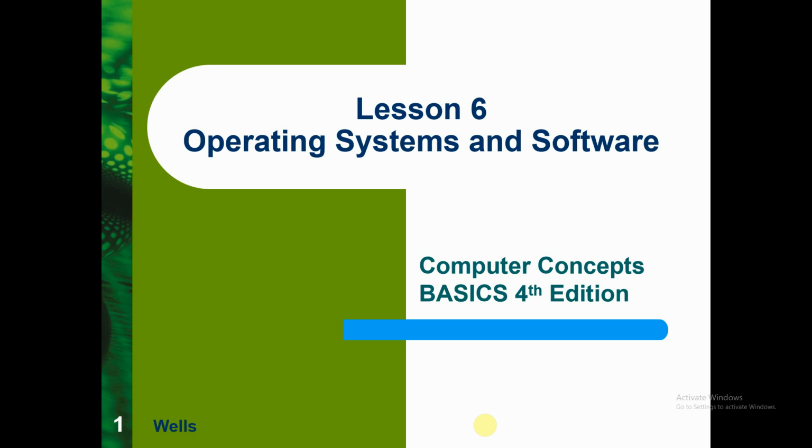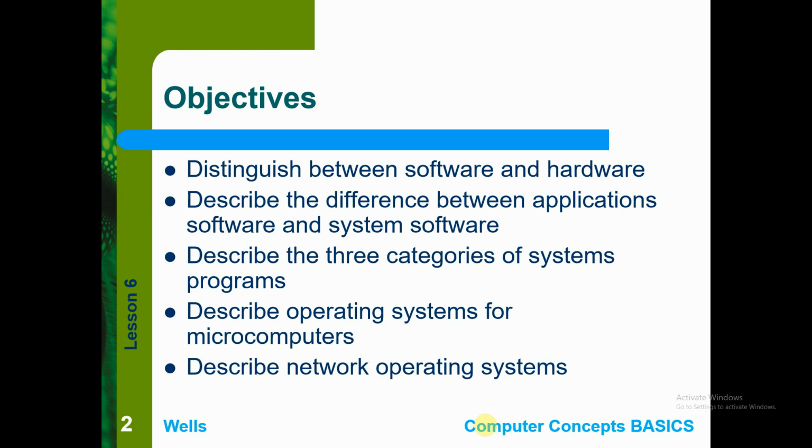Yes, sir. Sige, okay. Ang atong objectives about operating systems and software is to distinguish between software and hardware, as initial man natin nga topic last time, no? May basic na knowledge about dira. And also describe natin ang difference between the application software and system software.